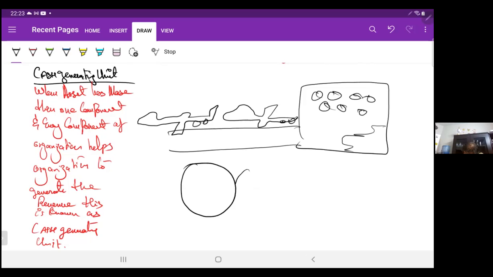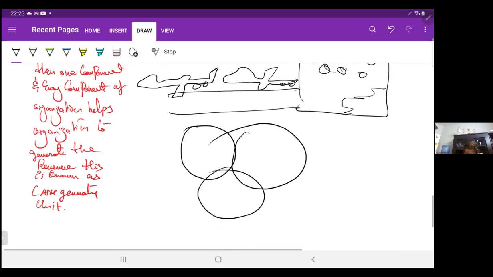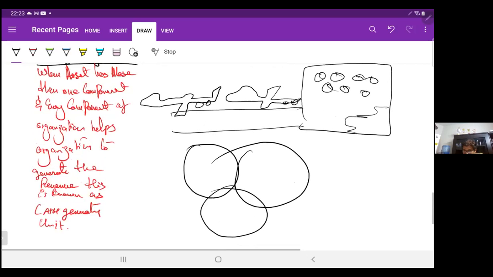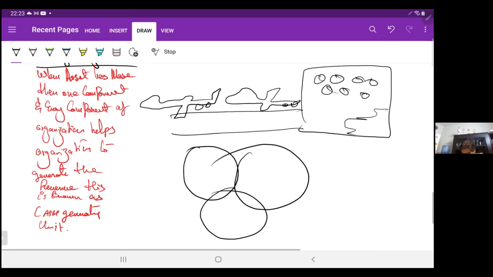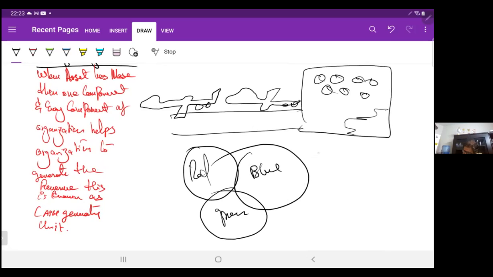Another example, the London bus service. They have various types of routes, the blue route, the red route, the green route, and so on. Now you can take the bus from either side, the blue side or the red side or the green side, and you can travel either here or here in just one ticket, right?